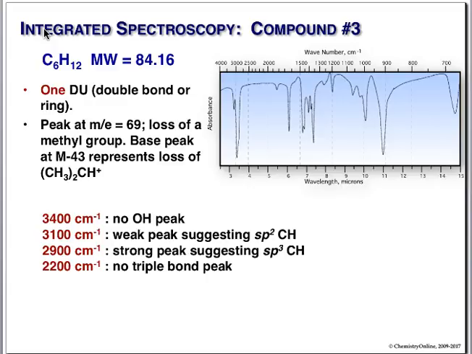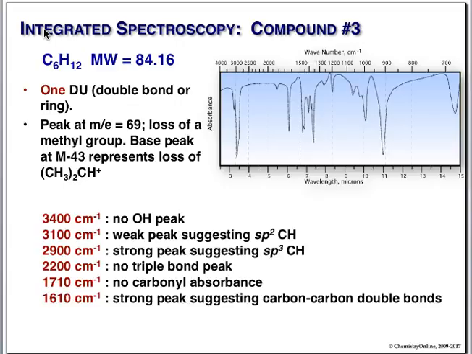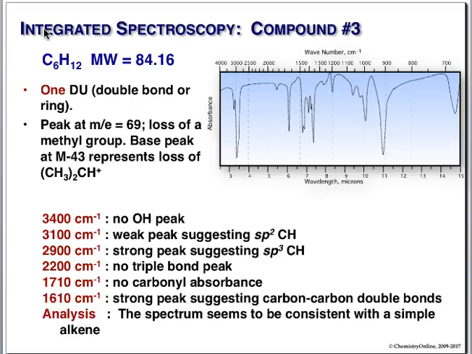Nothing in the carbonyl region. And we have a really, really nice double bond peak at 1600. That's one of the nicest ones you'll ever see. It looks like it's kind of an aliphatic alkene. So we've got lots of saturated, and we have an alkene functionality.